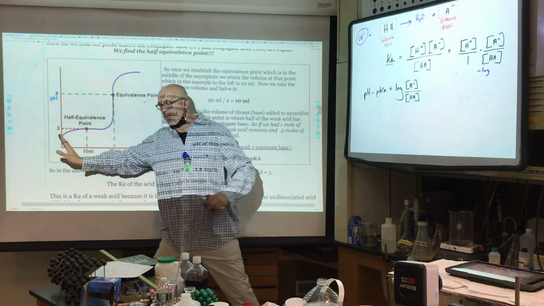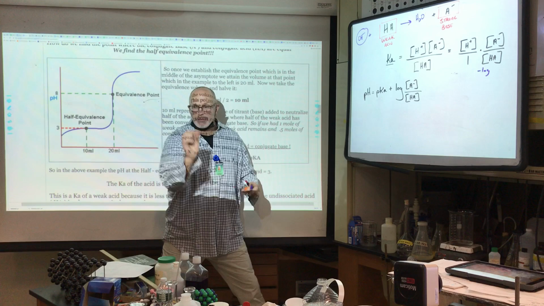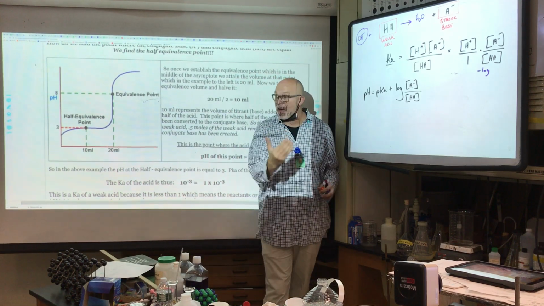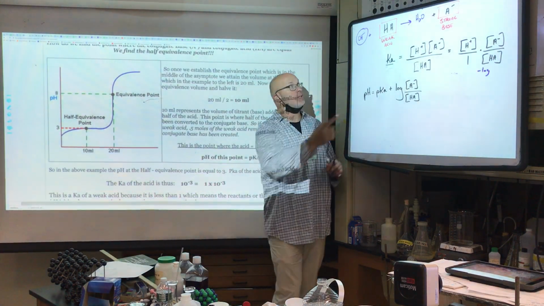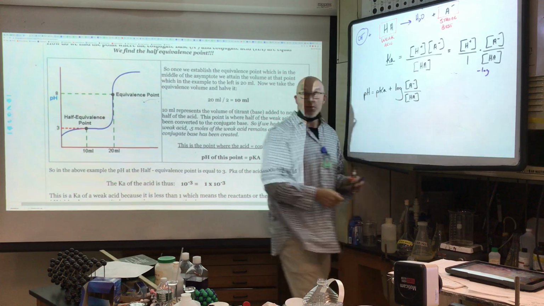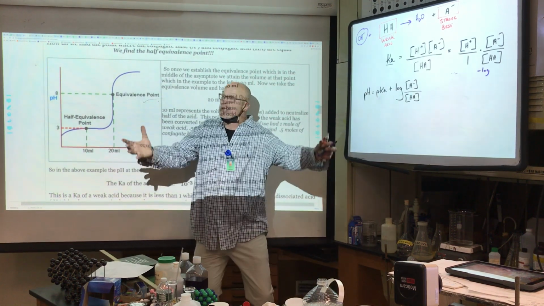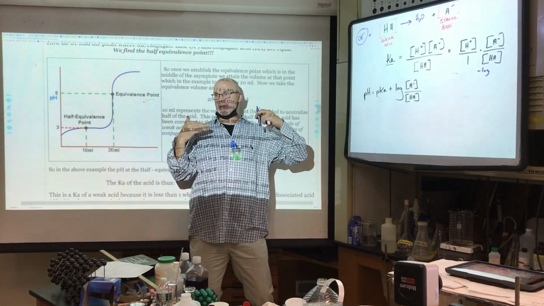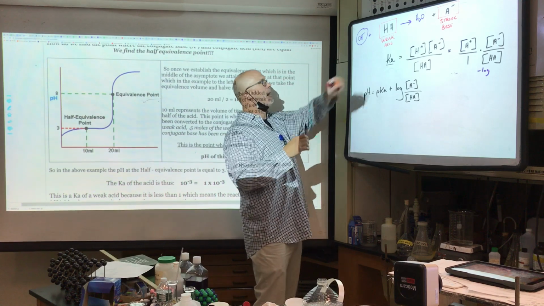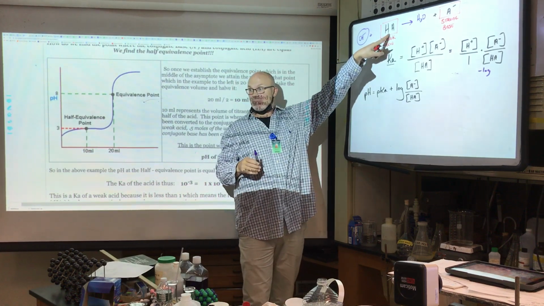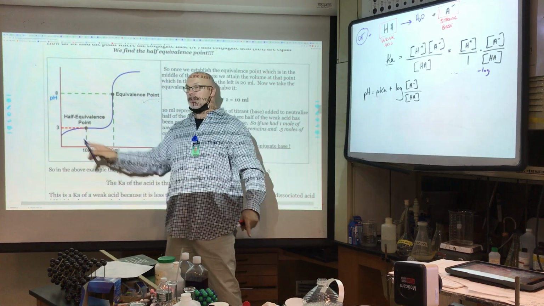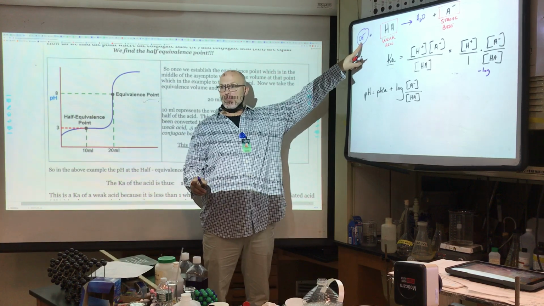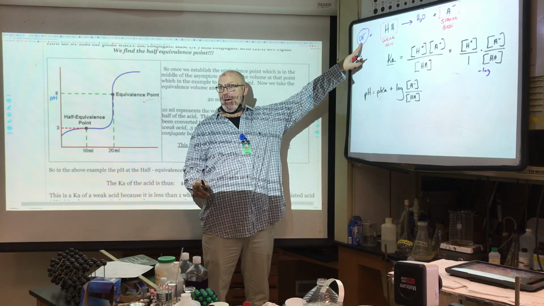So if I have the half equivalence point, you should recognize that I am driving half of it into what? The conjugate base. So let's pretend I have 1 mole of acid. At the half equivalence point, how much hydroxide must I add to half titrate it, half drive it?